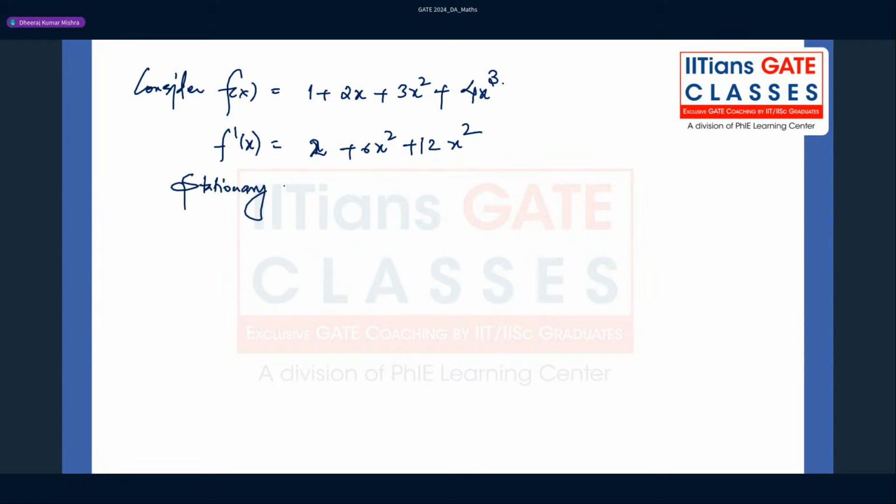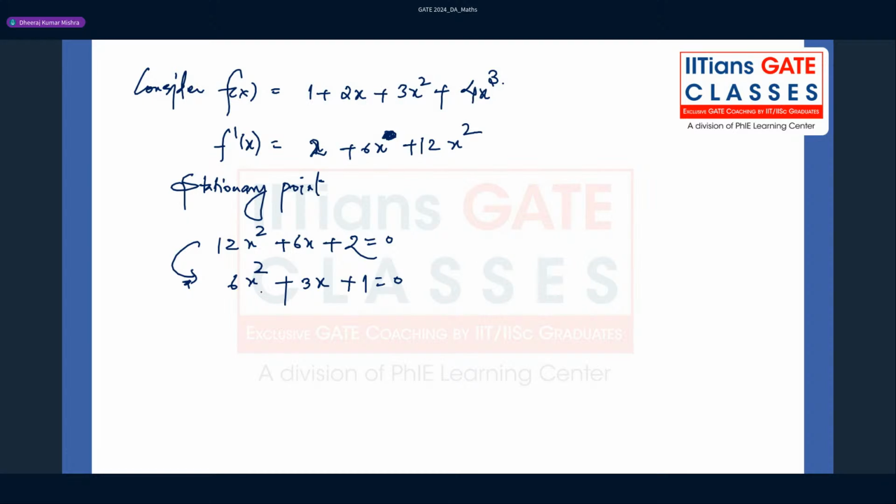Equate this to zero: 12x square plus 6x plus 2 equal to 0. Now you can take 2 outside, so it becomes 6x square plus 3x plus 1 equal to 0. You can take 2 out, and your polynomial becomes like this after differentiation, f dash x.